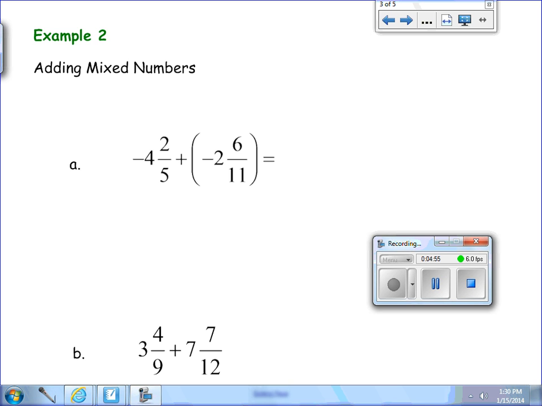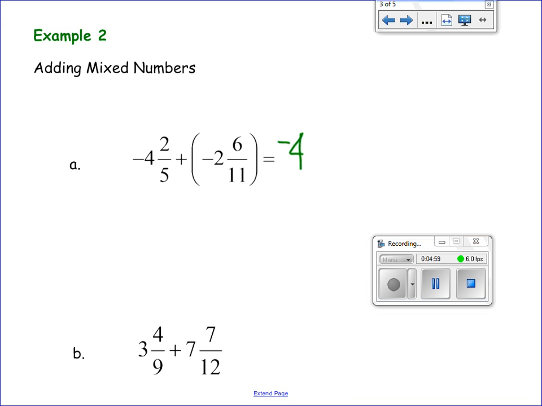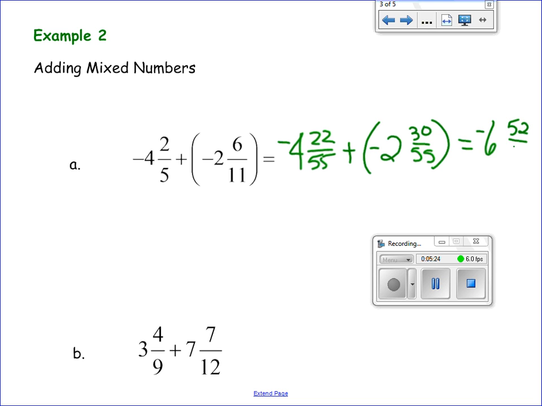We're going to need to change each of these fractions with an LCD of 55. Now, go ahead and add our whole numbers. Negative 4 plus negative 2 is negative 6. We'll add our numerators. 22 plus 30 is 52 over 55.